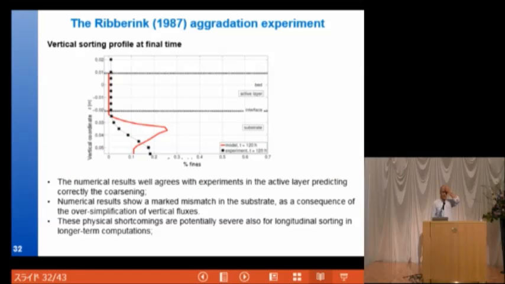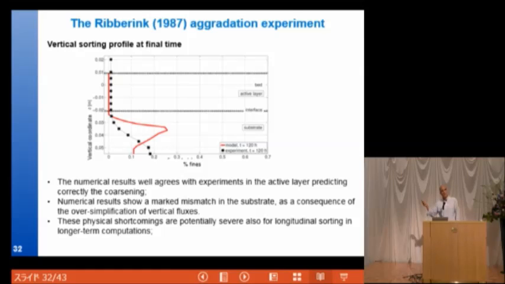One of the problems that affects the Hirano model quite a lot is the description of the vertical distribution of the grain size. Here you can see the vertical distribution in the active layer, and the numerical experiments and model are in quite good agreement here, while here it is performing a really poor job. This shortcoming is potentially severe also for longitudinal sorting in the longer term.